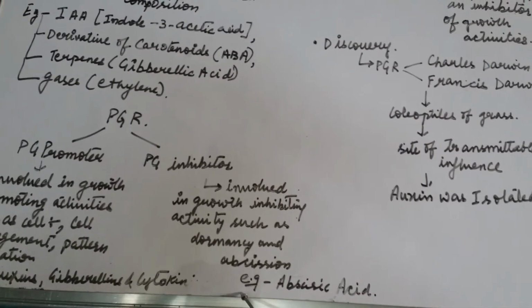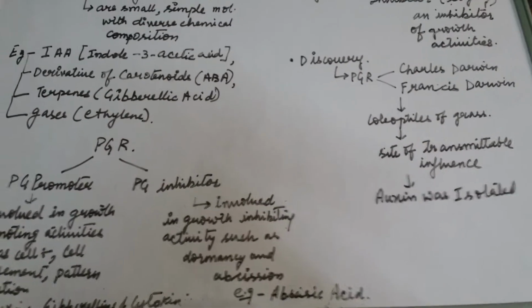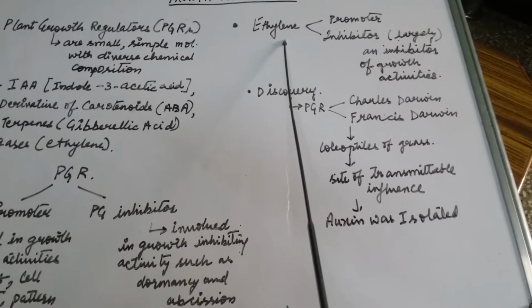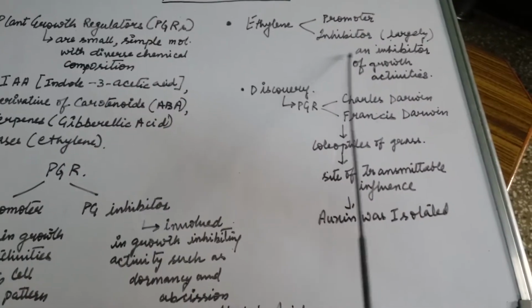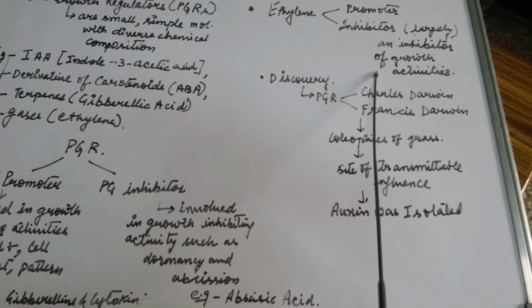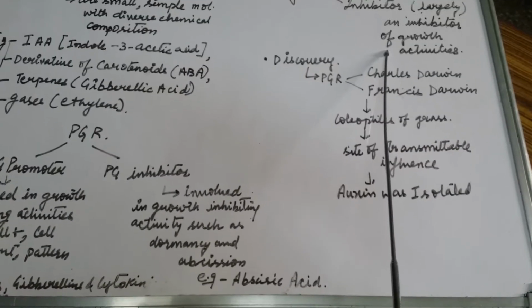And the example of a plant growth inhibitor is abscisic acid. Coming to ethylene, ethylene acts as both promoter as well as inhibitor, but it largely acts as an inhibitor of growth activities.